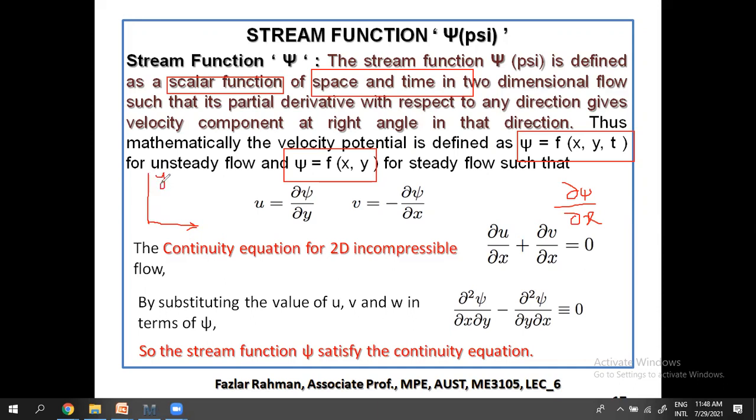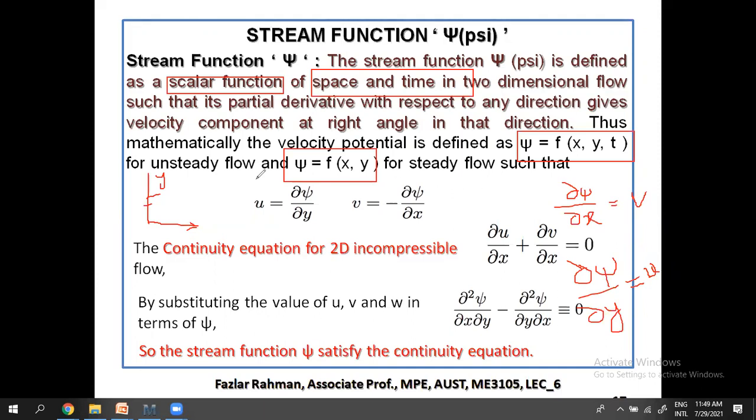That means along y. So del psi by del x equals v, the velocity component along the y direction. Similarly, if I take del psi by del y, that means I'm taking the derivative along the y-axis, and the perpendicular direction is x. That means it will give you the x velocity, u.